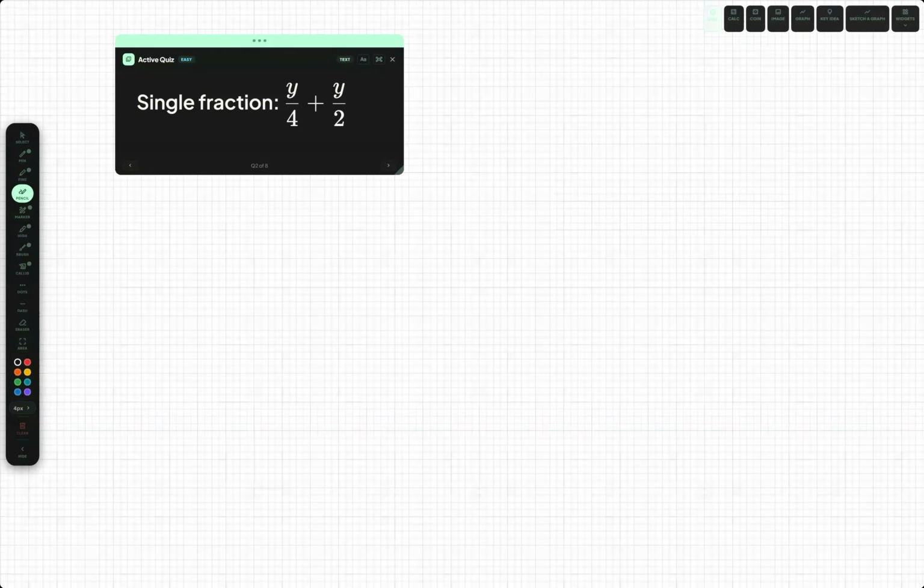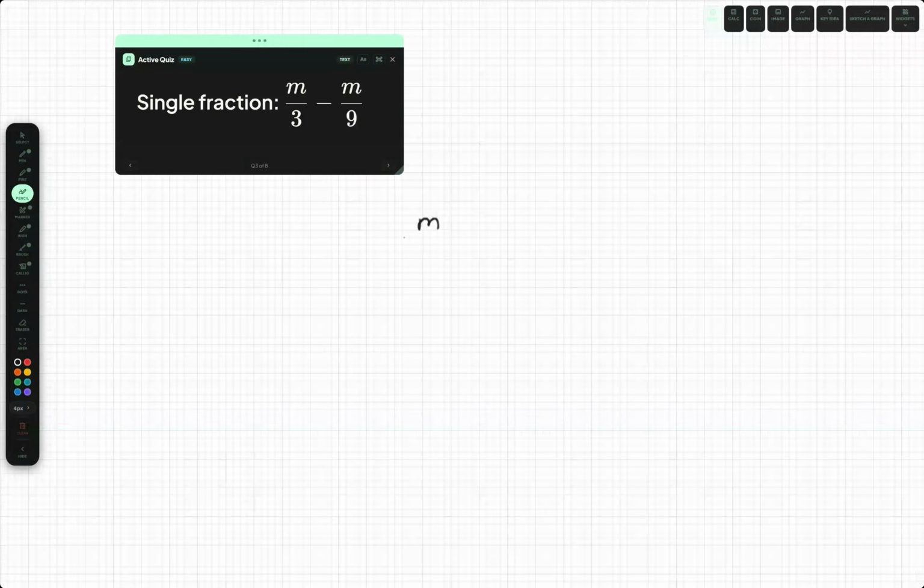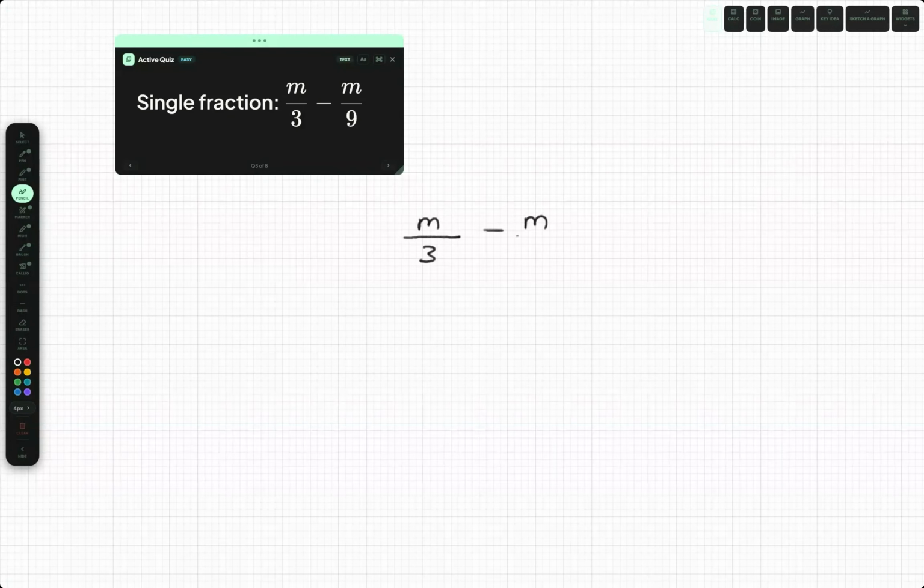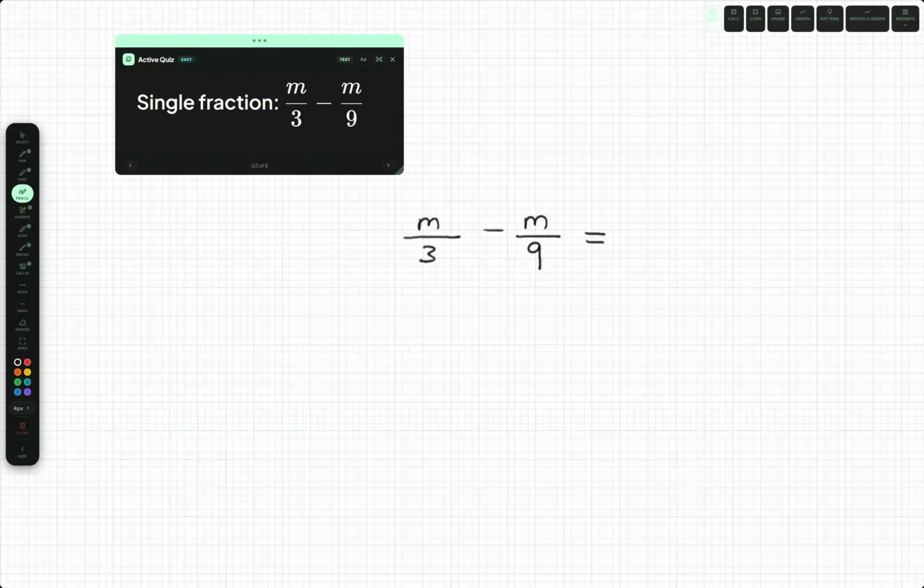Okay, on to our next one. m over 3 minus m over 9. So, again, we're going to be looking for a common denominator between these two, or the lowest common denominator between them, if we can.